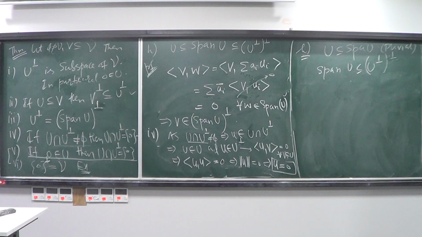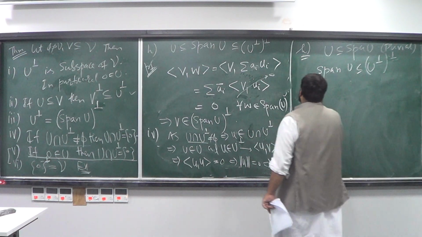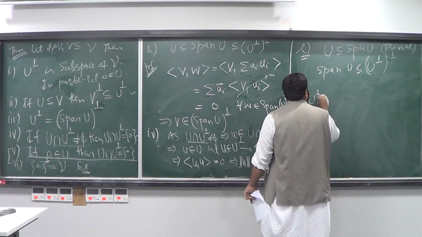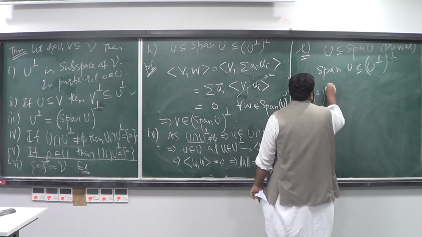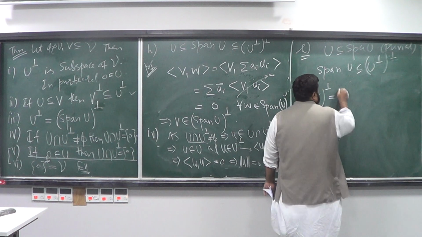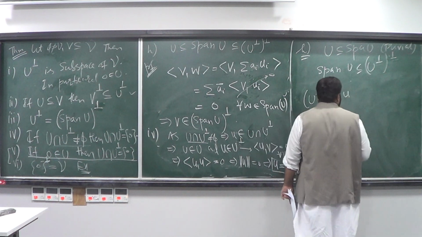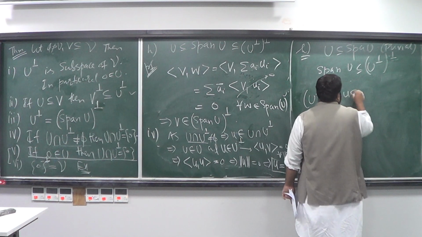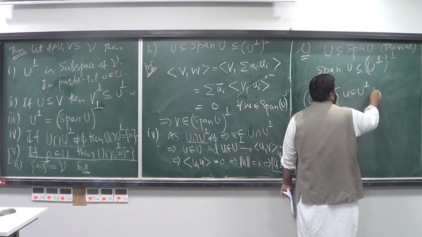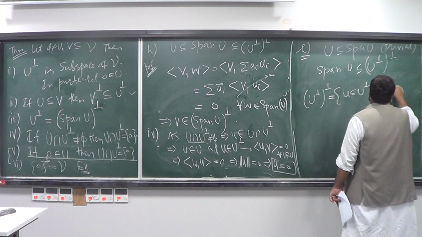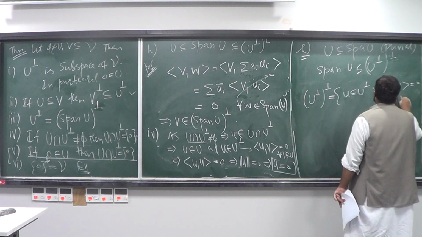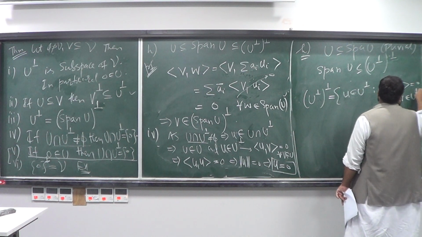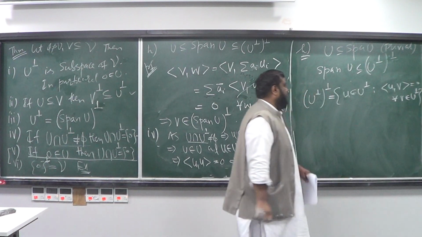Okay. By the way, let's write what would be the U perp of the perp. So the U perp of the U perp is going to be the collection of those vectors from the space which are orthogonal to all elements in U perp. Okay?